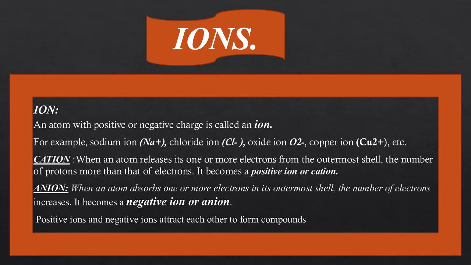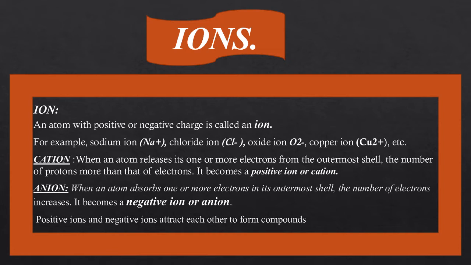What are anions? When an atom absorbs 1 or more electrons in its outermost shell, the number of electrons increases. It becomes a negative ion or an anion. In simple words, as I have told you earlier, the number of protons and the number of electrons are equal in an atom.